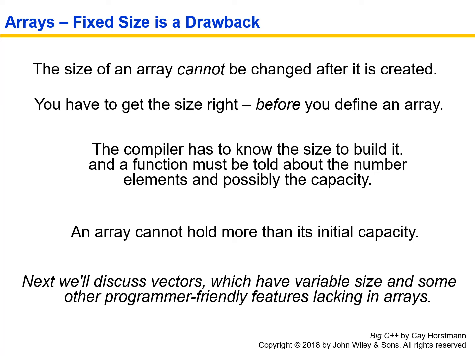Fortunately, every object-oriented programming language in the C family, C++, Java, C Sharp, all of those give us an alternative to arrays that are adjustable size arrays. In C++, these adjustable size arrays are called vectors.